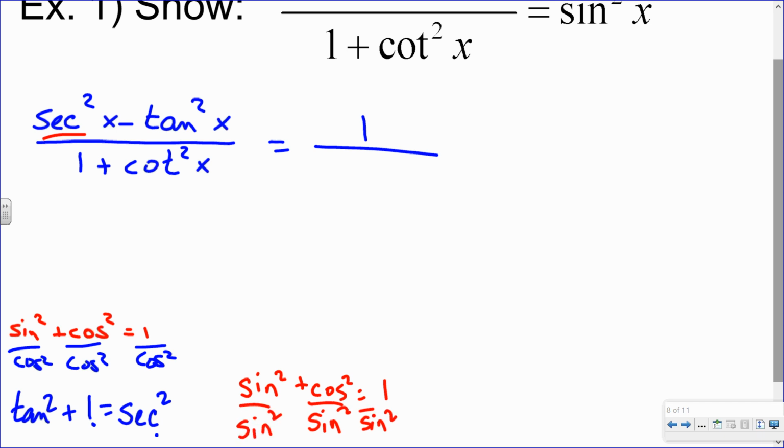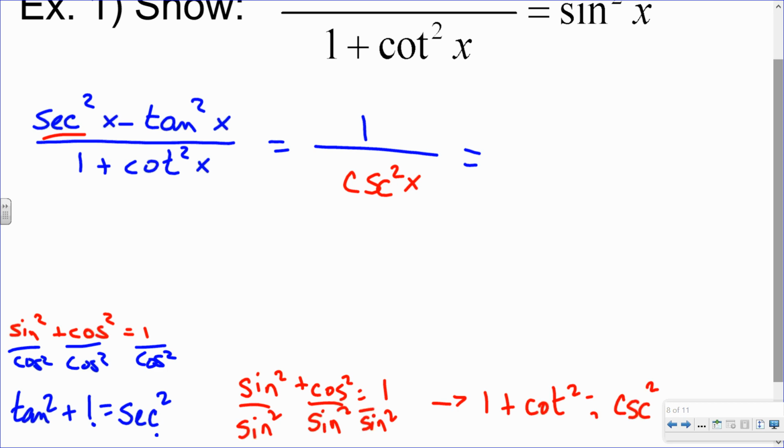And in fact, I will end up with 1 plus cotangent squared is what? What's 1 over sine? So cosecant squared. So what does that mean for my denominator? 1 plus cotangent squared is, it's not what I needed.